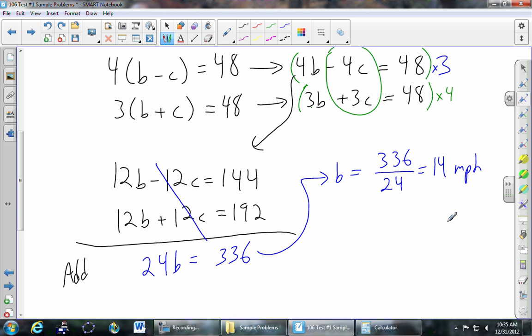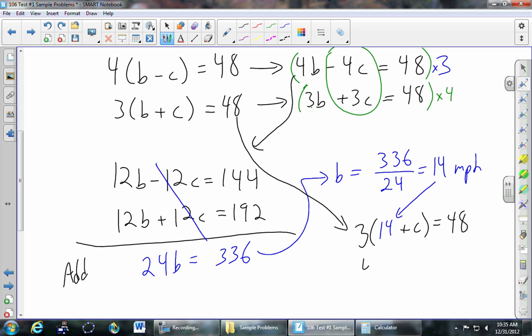And then to find the value of c, you're going to want to go to any of the original equations. For example, I'll go to this one right here. 3 times b plus c is equal to 48. So instead of b, we're going to put the number we just found, 14. Okay, so again, best thing to do here is divide by 3, but if we feel obligated to distribute that 3, then we will. 42 plus c is 48.